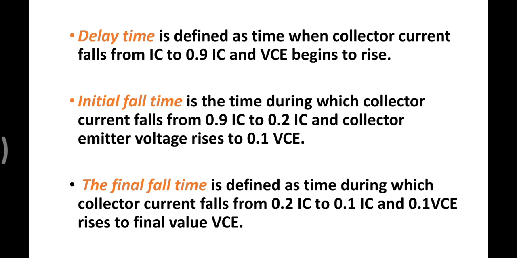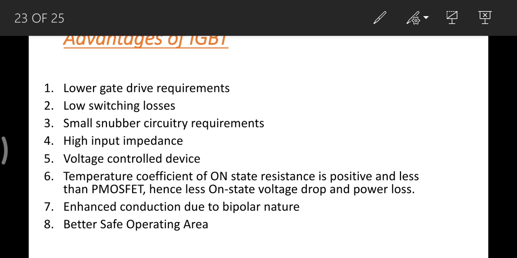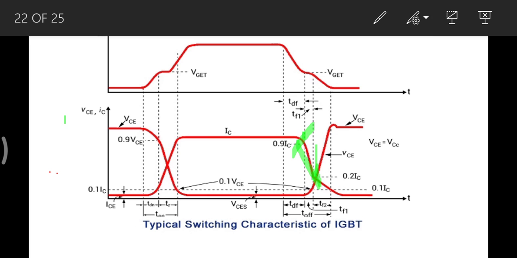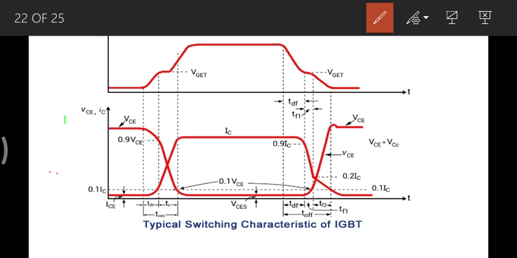Next, final fall time. How can we express this final fall time? Final fall time is the time duration in which collector current falls from 0.2 ICE to 0.1 ICE and VCE goes from 0.1 VCE to its final value. So final fall time can be expressed as the time taken from 0.2 ICE to 0.1 ICE.